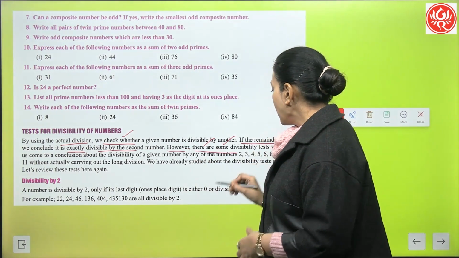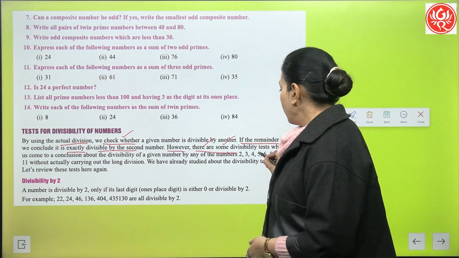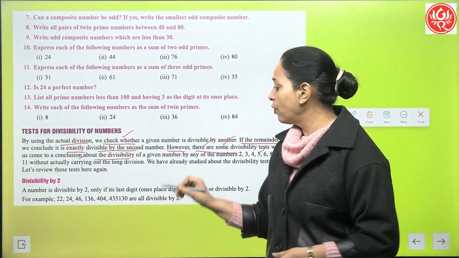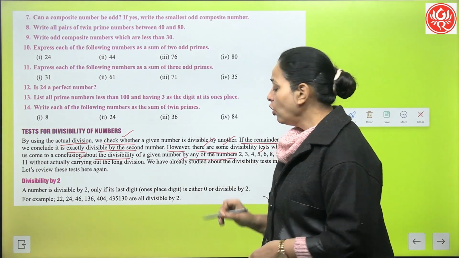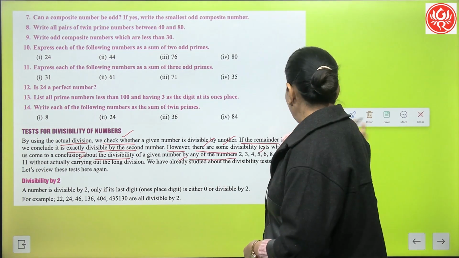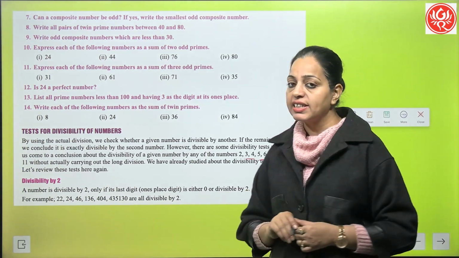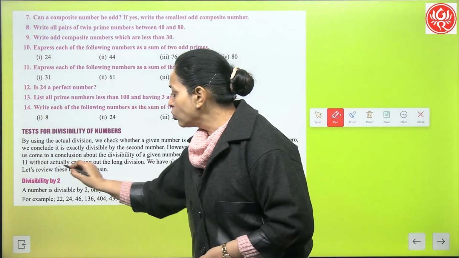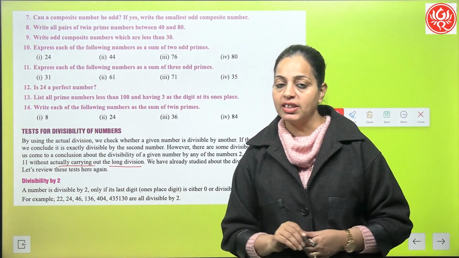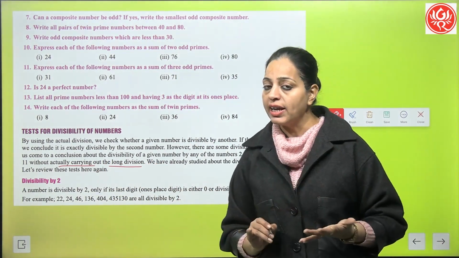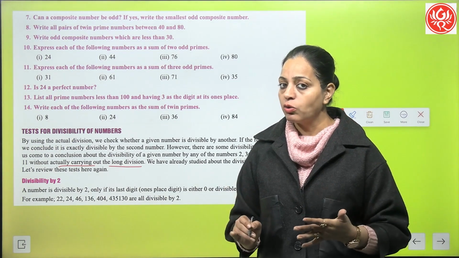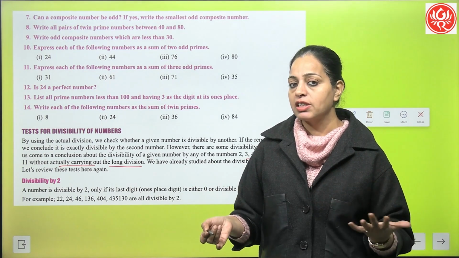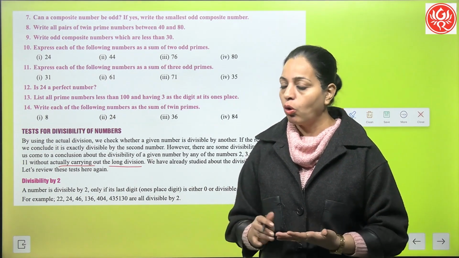However, there are some divisibility tests which help us come to a conclusion about the divisibility of a given number by any of the numbers 2, 3, 4, 5, 6, 8, 9, 10 and 11 without actually carrying out the long division. हमारे पास कुछ rules हैं जिनकी help से हम find out कर सकते हैं बिना actual division किए whether the number is divisible by the given number or not.